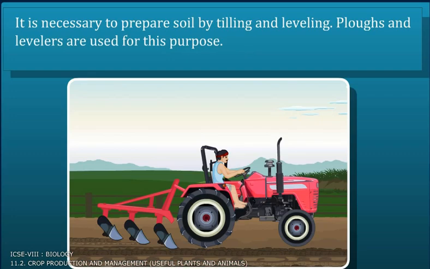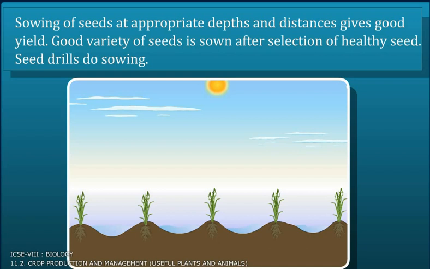Summary. It is necessary to prepare soil by tilling and leveling. Plough and levelers are used for this purpose. Sowing of seeds at appropriate depth and distances gives good yield. Good variety of seeds is sown after selection of healthy seeds.